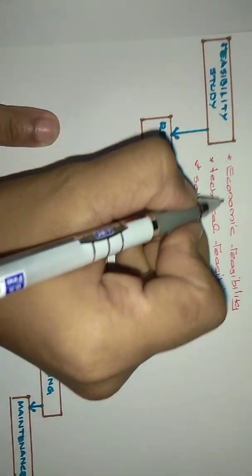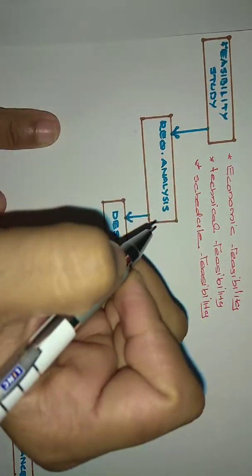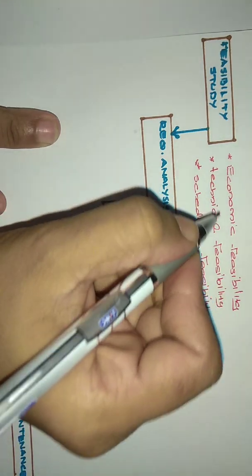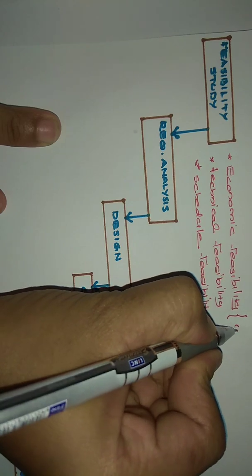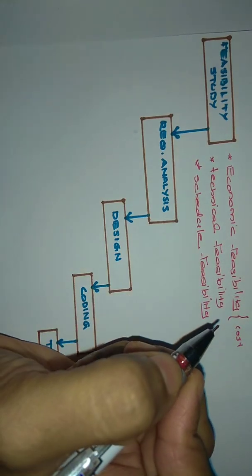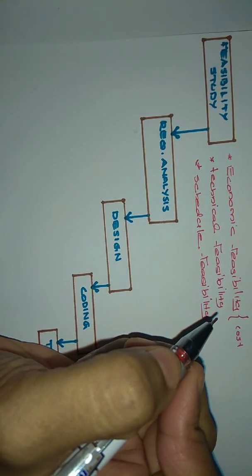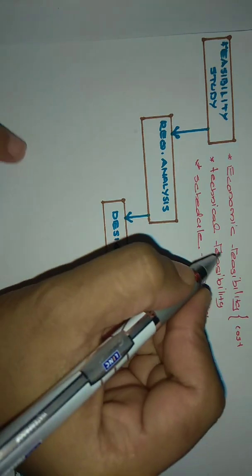Economic feasibility is whether the product can be developed within a particular budget, mainly focusing on cost. Within that particular budget, whether the product can be developed, that is what we are checking.